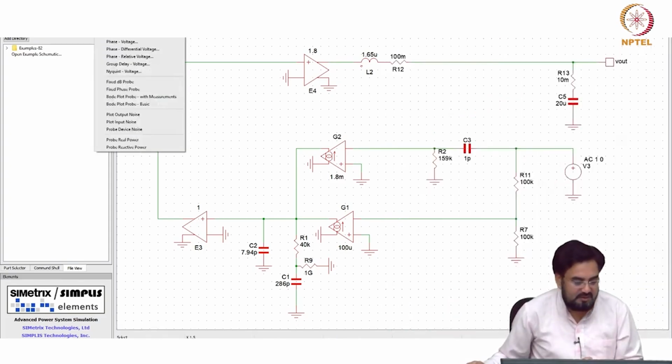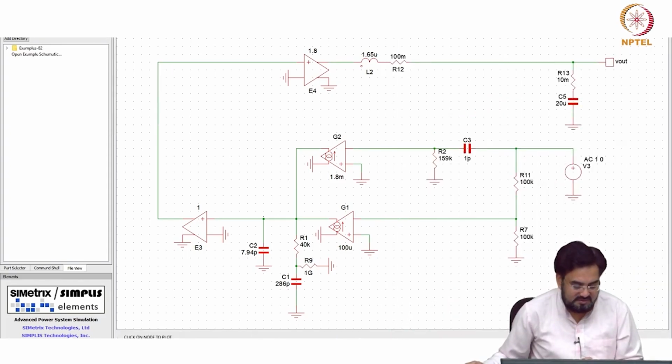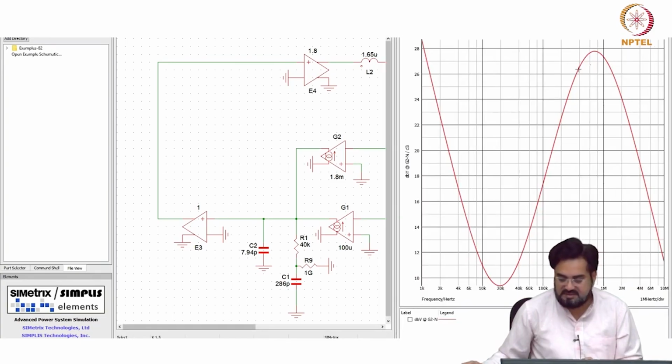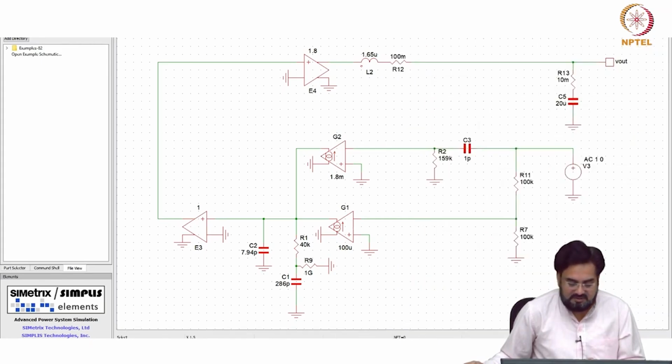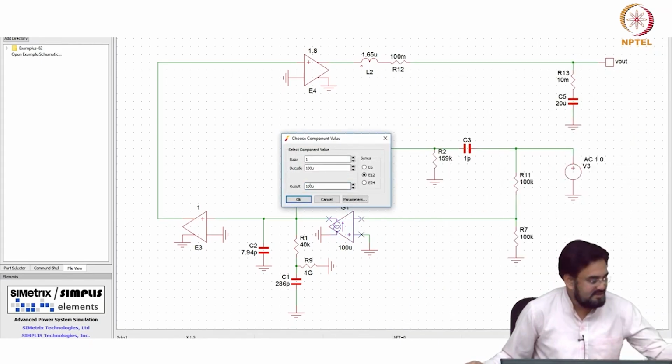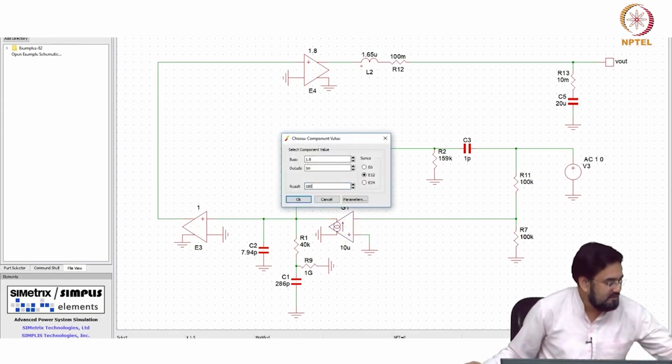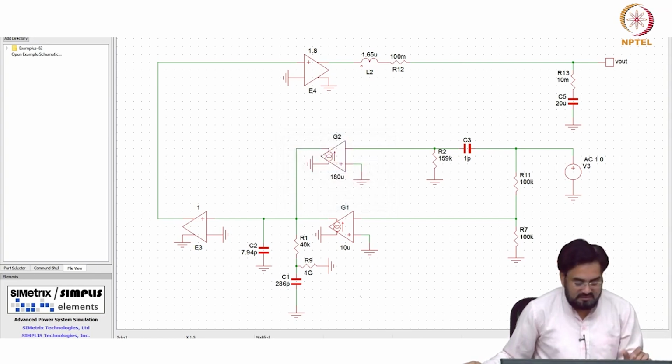And if I want to look at the output of this, you can see a similar thing. Okay. If I change this, let us say to 10, this should become how much, 180 micro. What else do I need to change? Capacitors. Why capacitor? GM. Which capacitor?